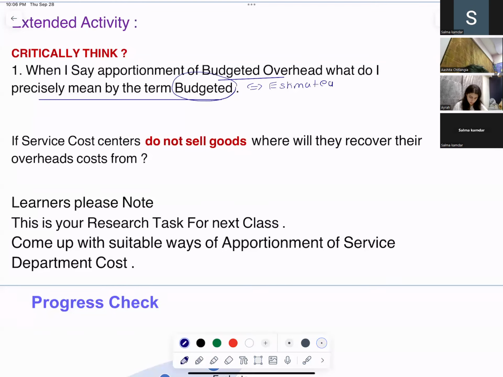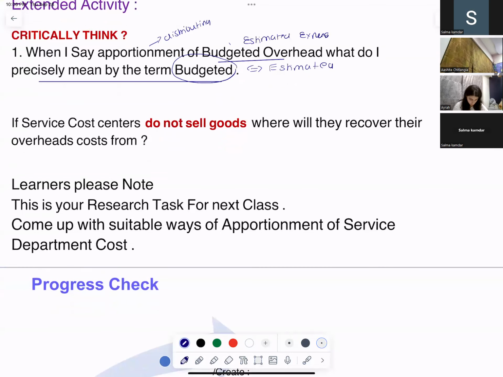So when I do apportionment of budgeted overhead, I am distributing my budgeted expenses, or my estimated expenses. Budgeted means estimated. You should remember this.